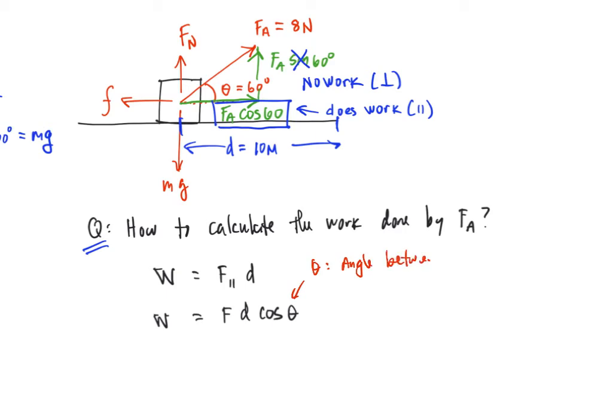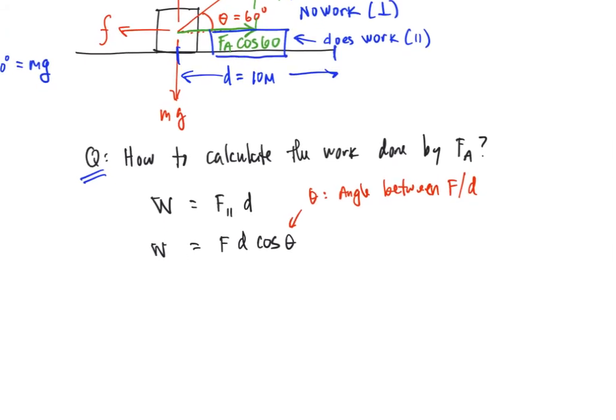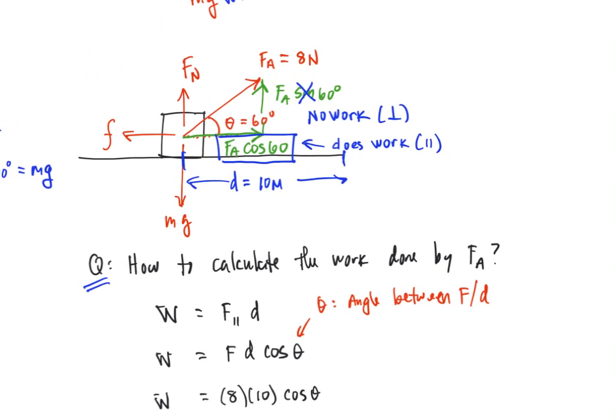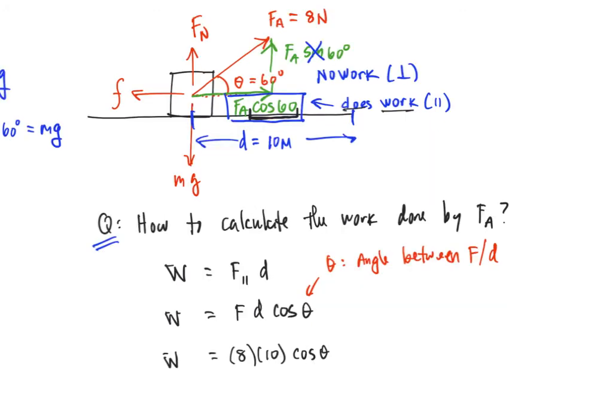Theta is the angle between F and D. So in this case, the work done would be equal to the force, which is 8, times the distance, which is 10, and then I'm going to multiply by the cosine of 60 degrees. And the reason, again, that I'm doing cosine of the angle is that it allows me to incorporate the fact that the applied force times the cosine of 60 gives me just the component of the applied force that's parallel to D, that does the work.